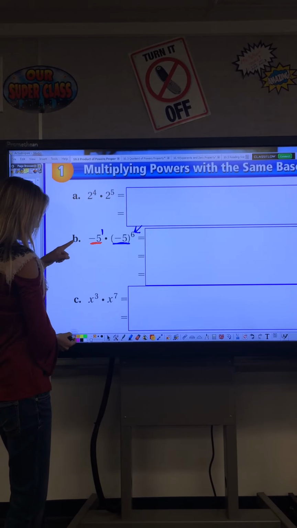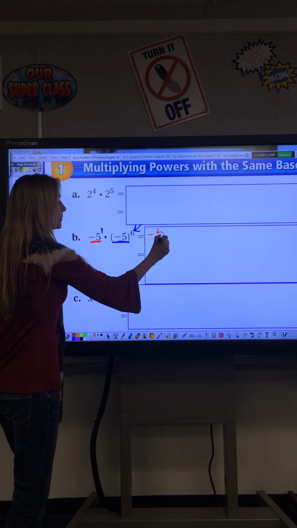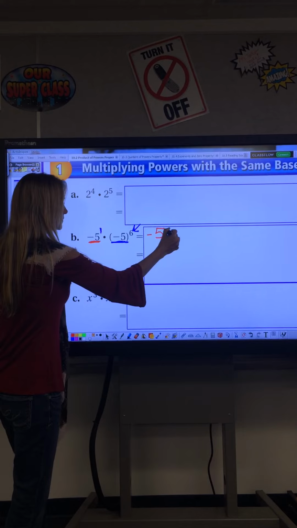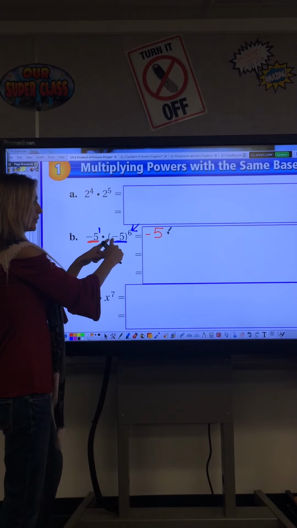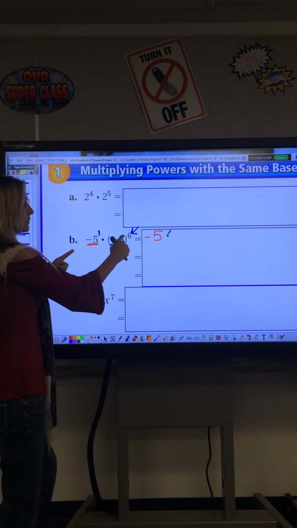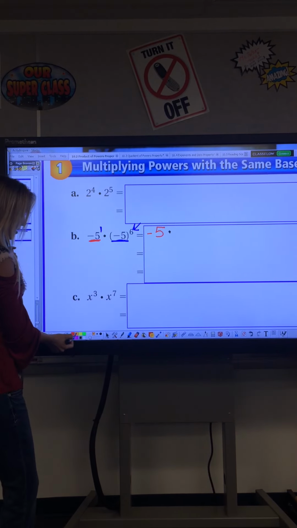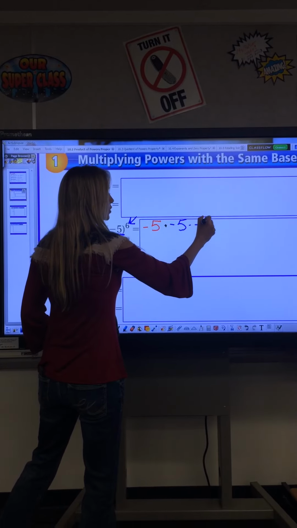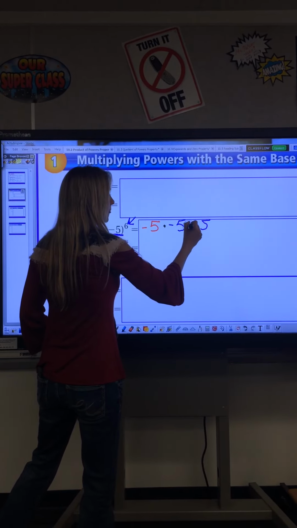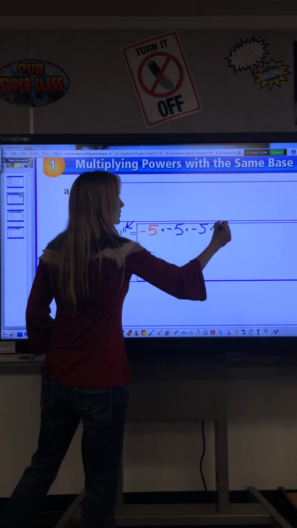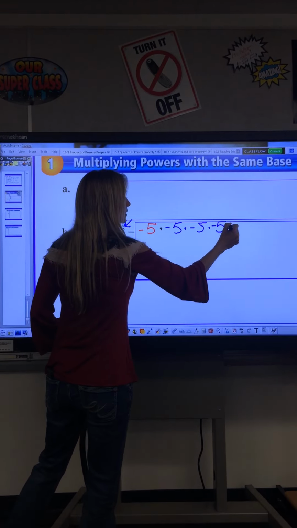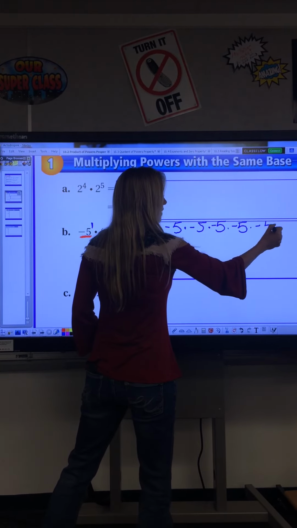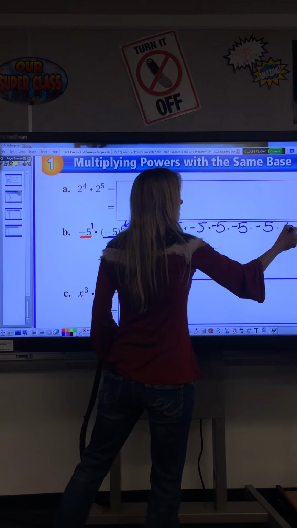So let's look at the first one. We have only 1 negative 5, which is multiplied by negative 5 raised to the 6th power. So I have 6 negative 5's, right? So let's do that. I have 1, 2, 3, 4, 5, 6.